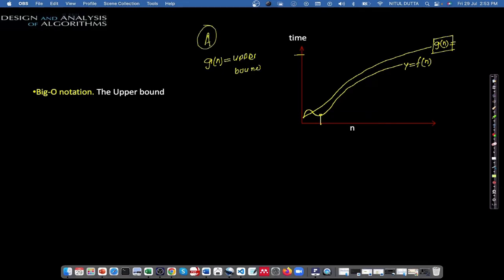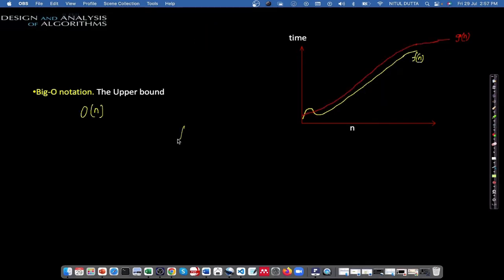There is a mathematical definition of the upper bound of any algorithm, or big O of n. The mathematical representation goes like this.